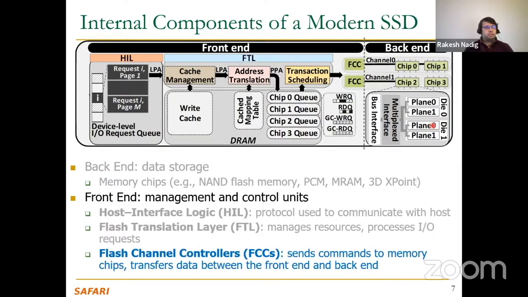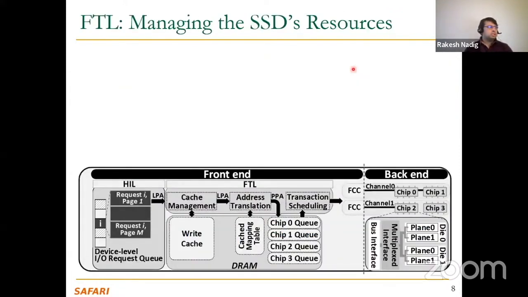And then we have the flash channel controllers, which are the components which send the commands to the actual flash chips, and also transfer data between the flash chips and the front end. So these are the components of the front end and the back end of the SSD.